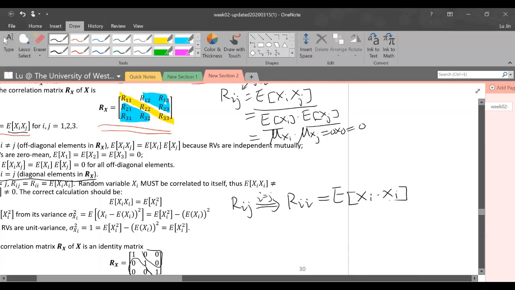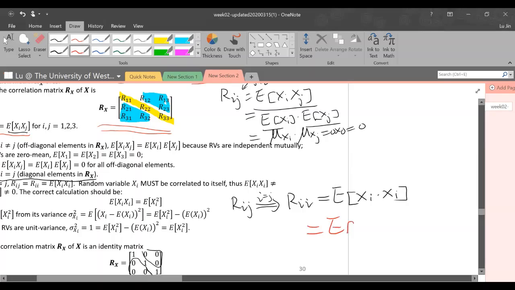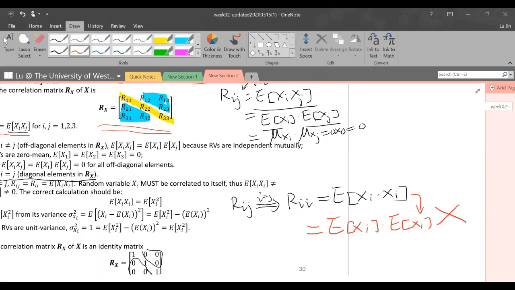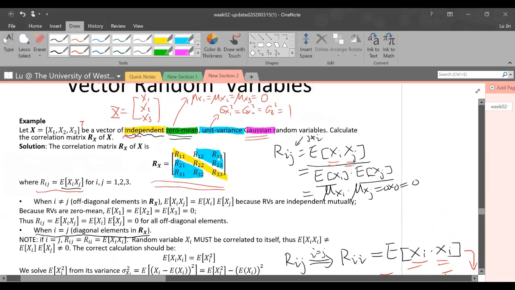Everyone, please be reminded, you are not allowed to write this as E[xi] times E[xi]. This is totally wrong. The reason is, if you want to finish the conversion from this step to the next step, the important condition is that the two random variables, xi and xj, must be independent. See here, independent. Then you have this property.